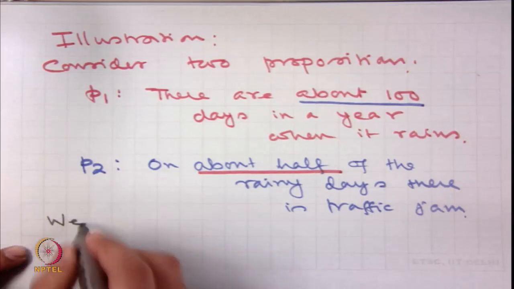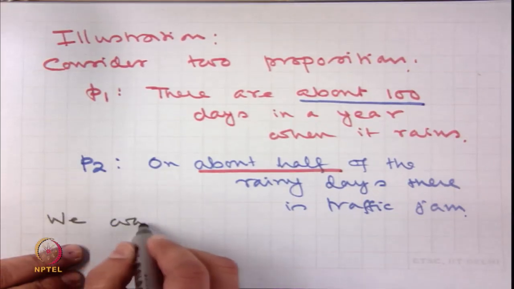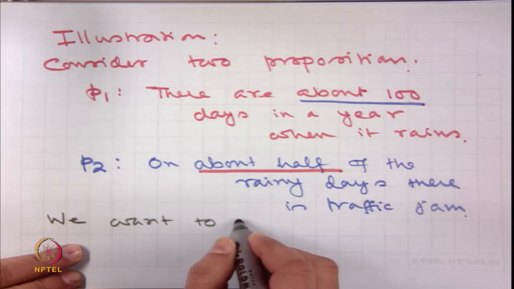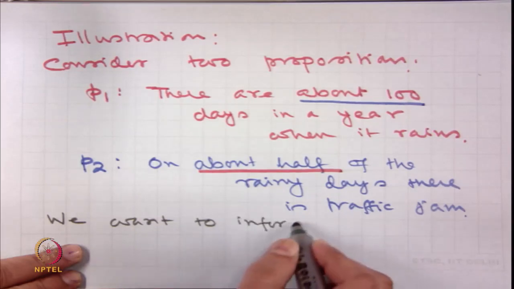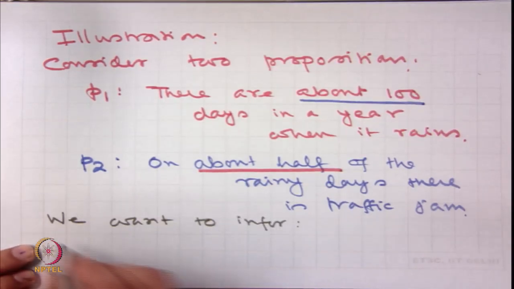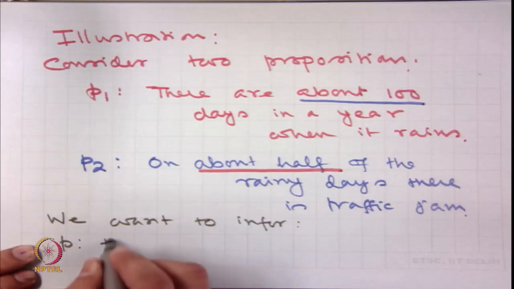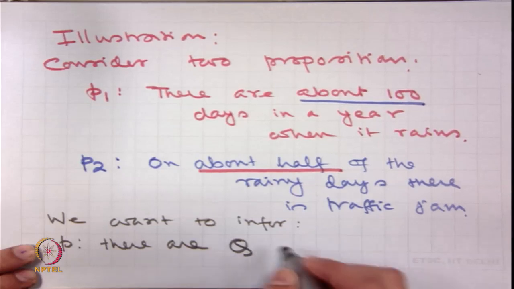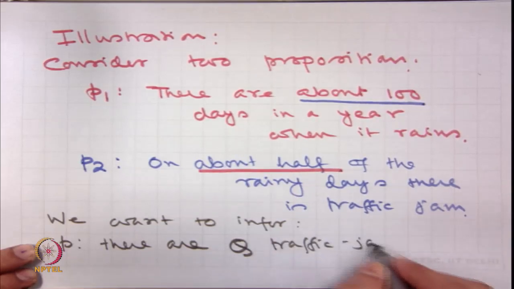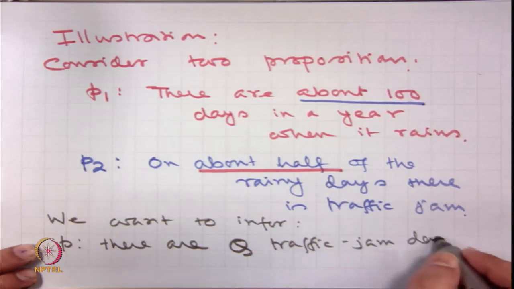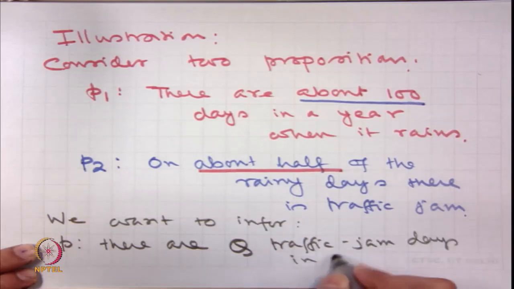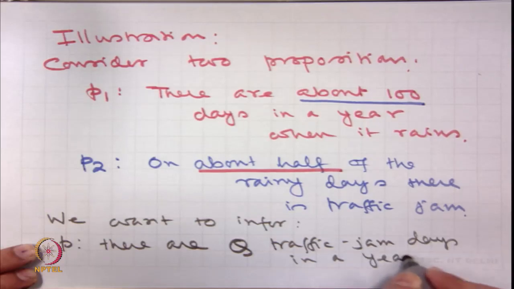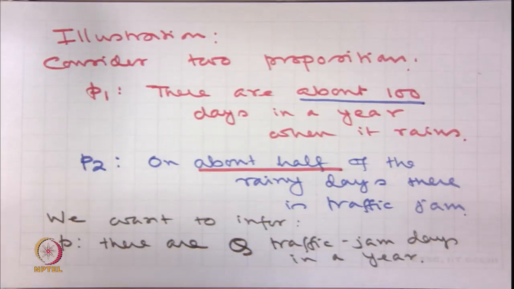So, we want to infer P: there are Q traffic jam days in a year. I think the idea is clear.